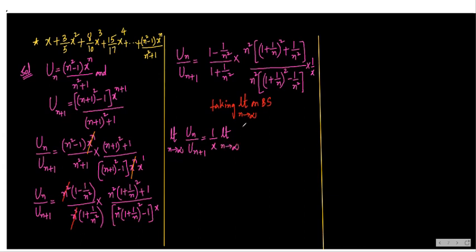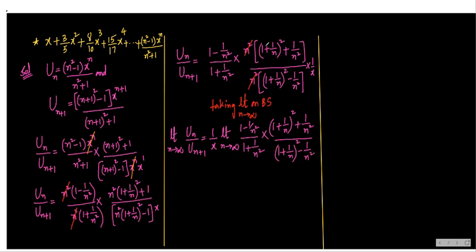Limit n tends to infinity of 1 minus 1 by n square divided by 1 plus 1 by n square, into 1 plus 1 by n whole square plus 1 by n square, divided by 1 plus 1 by n whole square minus 1 by n square.